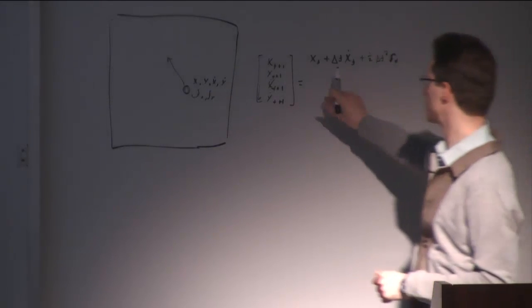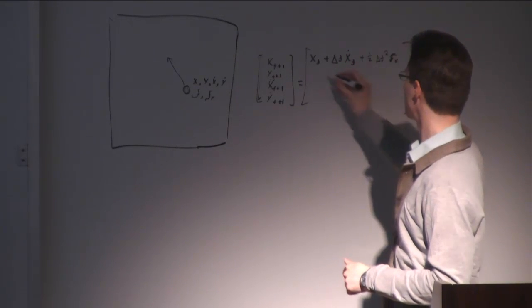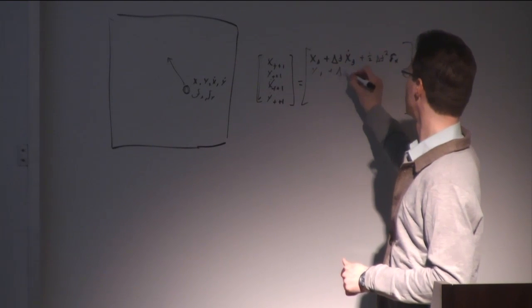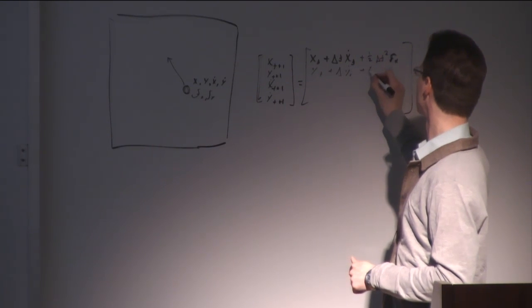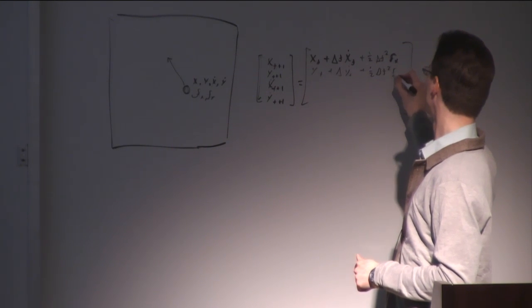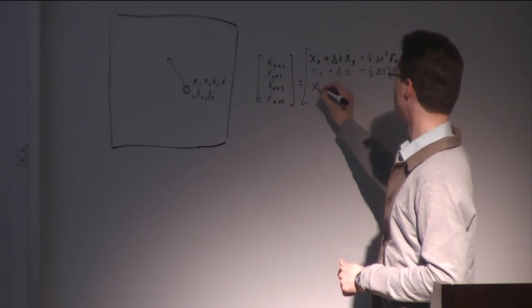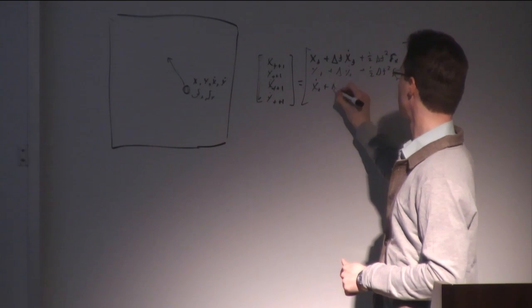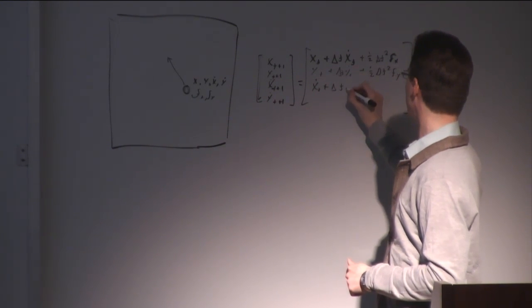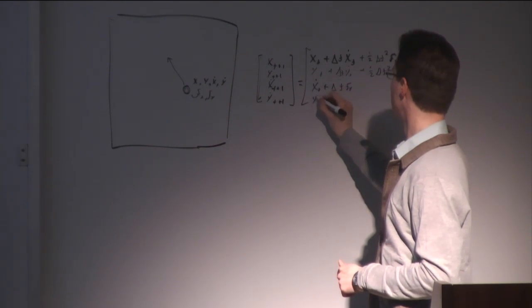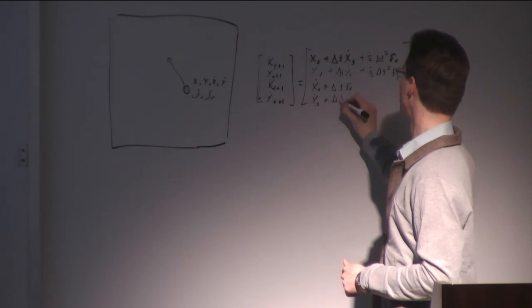So this is your next position. The y is the same way. So we're all good with that. And then for velocity, it'll just be x dot t plus delta t fx and y dot t plus delta t fy.